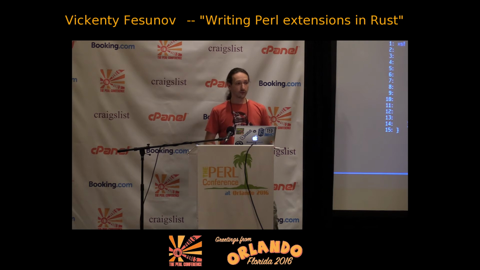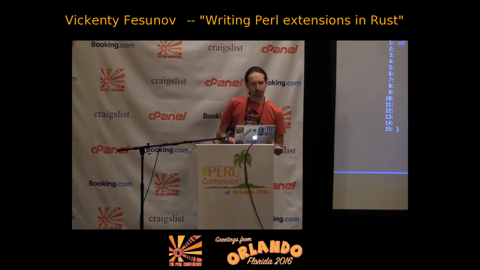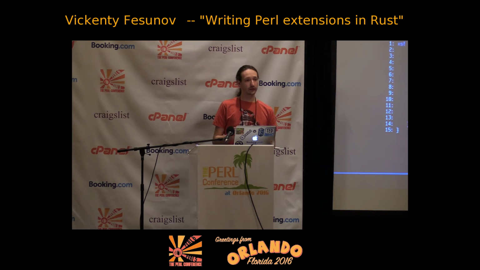Array fetch can also convert an SV to a primitive type, and because it happens exactly after we pull the element from the array, we can do it without manipulating the reference count of the SV. I forgot to mention that every SV that you have in a local variable in Rust has to be reference counted, because otherwise it can go away by calling a Perl function or doing something, and you have a memory problem.